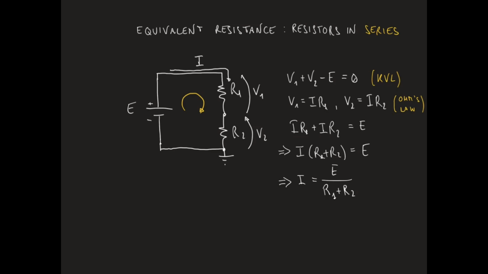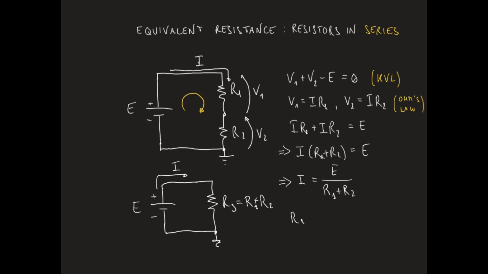So, as far as the current I provided by the battery is concerned, the two resistors can be replaced by a single resistor Rs, whose value is equal to the sum of the resistances R1 and R2.